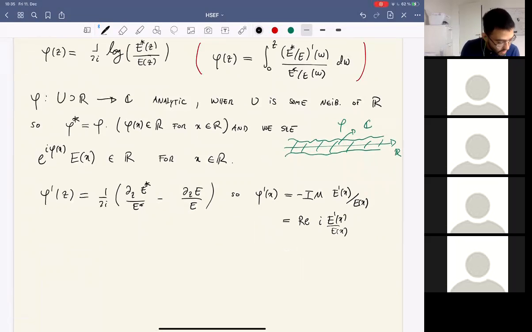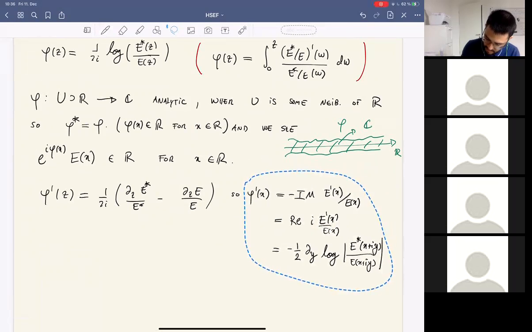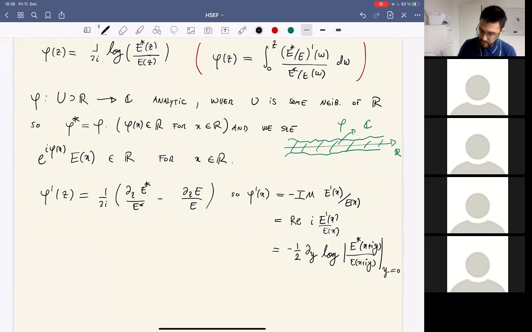And yet another way of writing this is minus a half derivative in y of the log of the modulus of E*(x+iy) divided by E(x+iy), which you evaluate at y equals 0. That's yet another way of computing. You just do the computation and you will see that that is true.